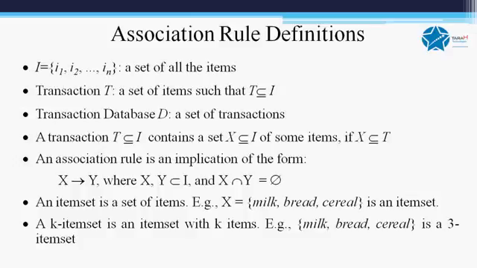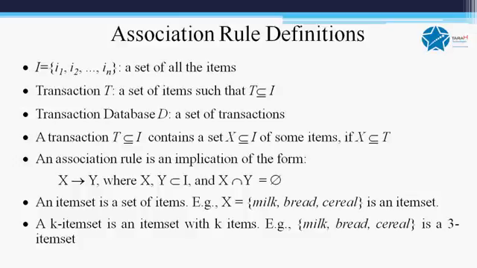So what we need to identify in an association rule is an implication of the form saying that one subset of items always implies another subset of items. That is, X implies Y, where both X and Y are item sets, and they are mutually exclusive.